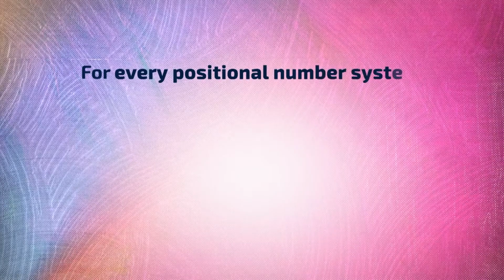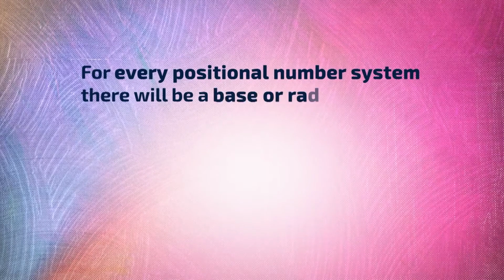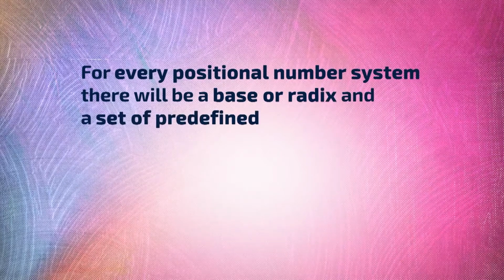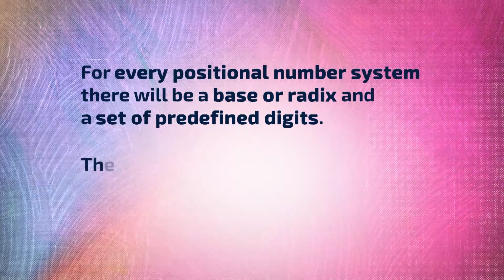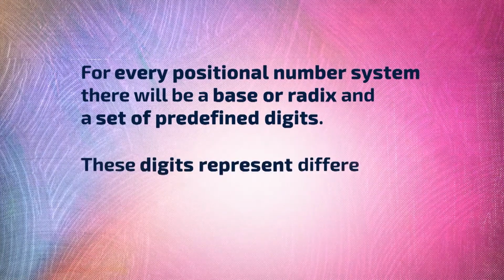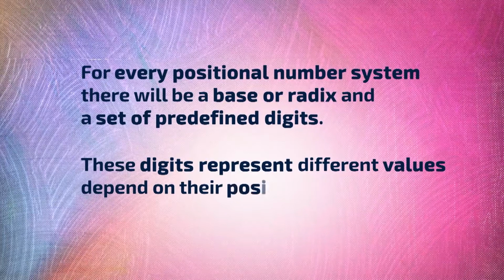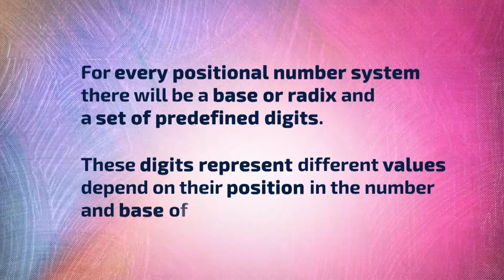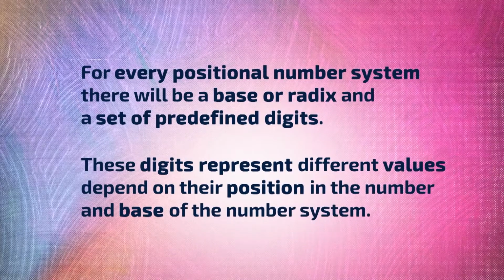Though the digits are the same, all ones, their values are different as they appear in different positions. For every positional number system, there will be a base or radix and a set of predefined digits. These digits represent different values depending on their position in the number and the base of the number system.